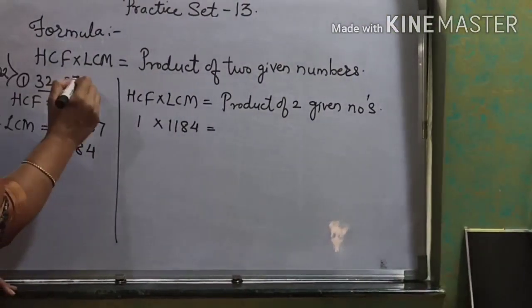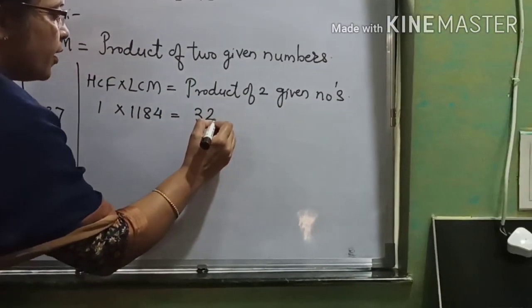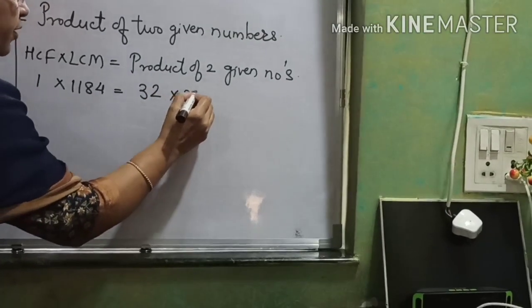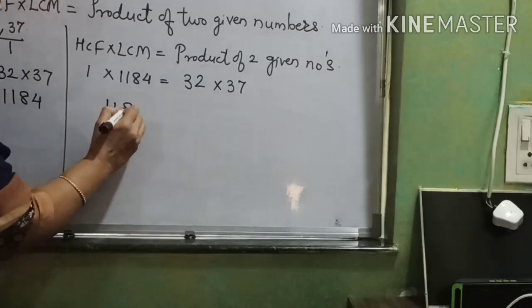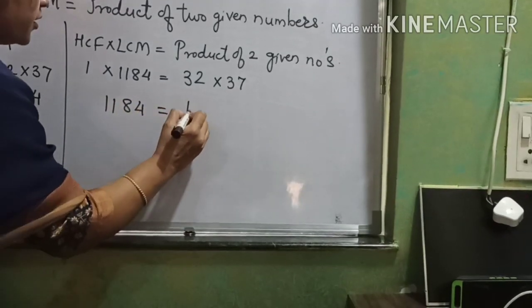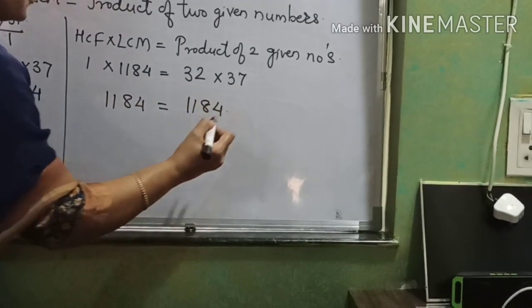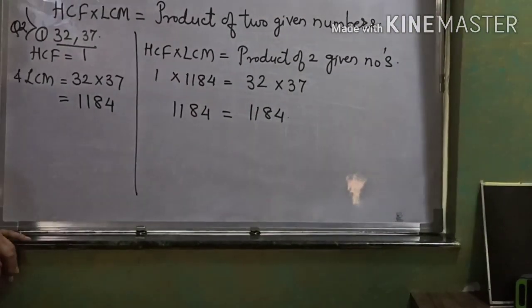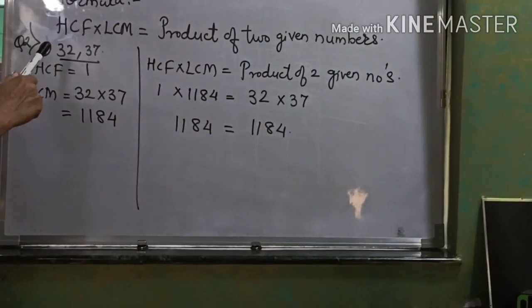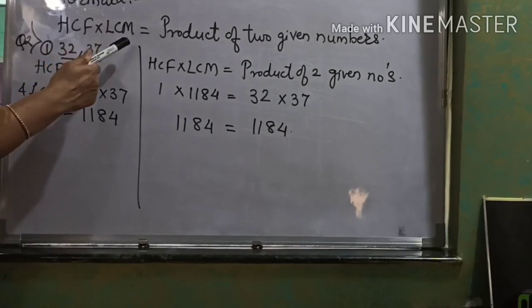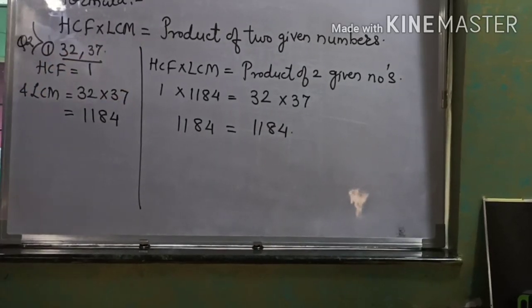The two numbers are 32 and 37. So we will be multiplying this. After multiplication we get both the sides same. So in this way we can verify formula HCF into LCM is equal to product of two given numbers.